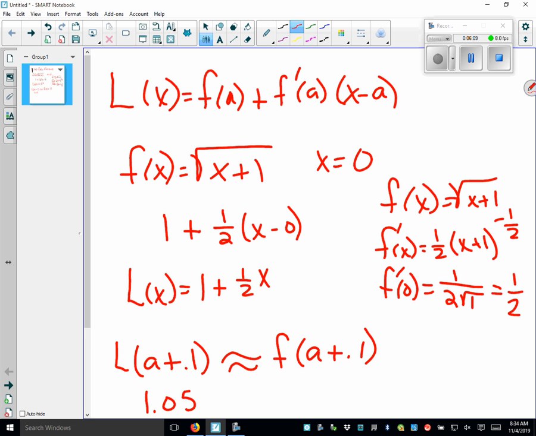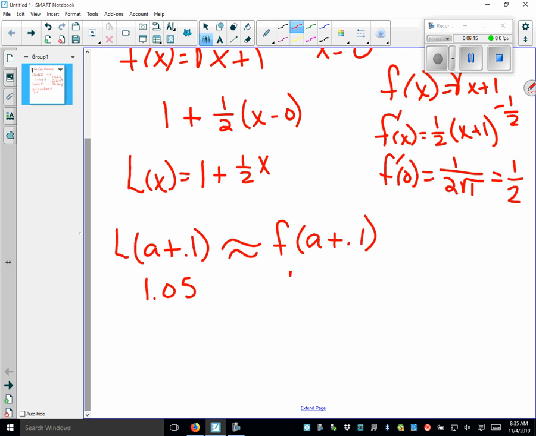What is the square root of 1.1? 1.0488. How close were those? Pretty close. They're within about 1/1000 if I round to 3 decimal places.